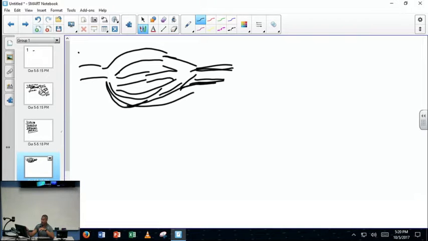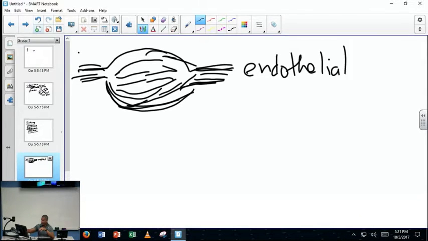Okay, so basically, where we have to understand, again, afferent arteriole, glomerulus, and efferent arteriole. So this is your glomerulus. The glomerulus is a selective barrier, okay? It's made of three main parts. The glomerulus is endothelial, right? Capillary, that's what it is. But it's a special type of capillary.